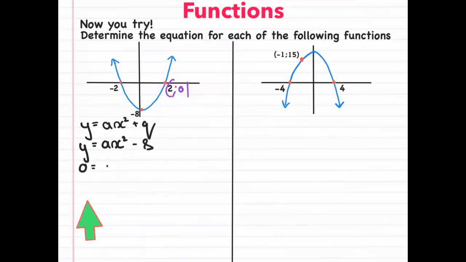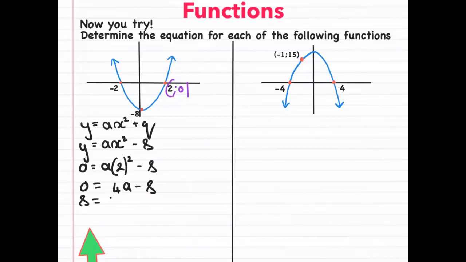So 0 equals a, in brackets 2 to the power of 2 minus 8, and then I have 0 equals 4a minus 8, and then I know minus 8 goes to that side, it becomes 8 equals 4a, and 8 divided by 4 is 2 equals a. And then my function is, let's say it's function f, f(x) equals 2x squared minus 8.